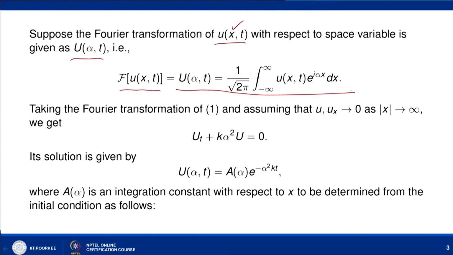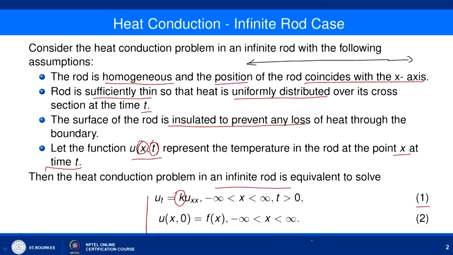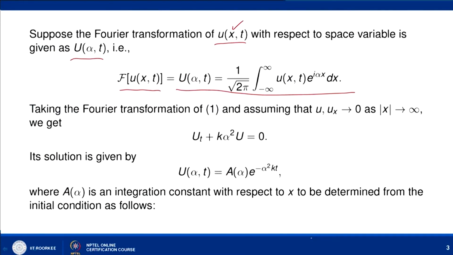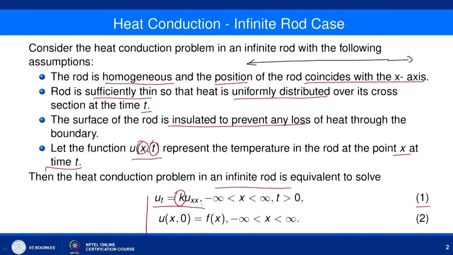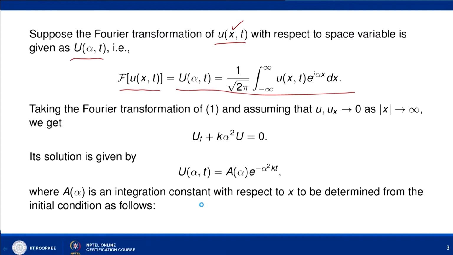Now, using the Fourier transform, let us transform our equation 1 into the frequency domain. It means applying the Fourier transform on u_t equal to k u_xx. So, we have 1 upon root 2 pi, integral from minus infinity to infinity of ∂u/∂t e to the power i alpha x dx, equal to k times 1 upon root 2 pi, integral from minus infinity to infinity of u_xx e to the power i alpha x dx.